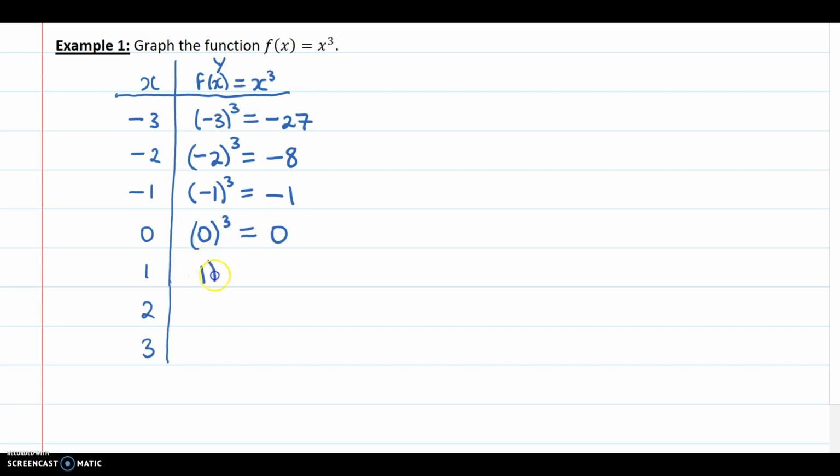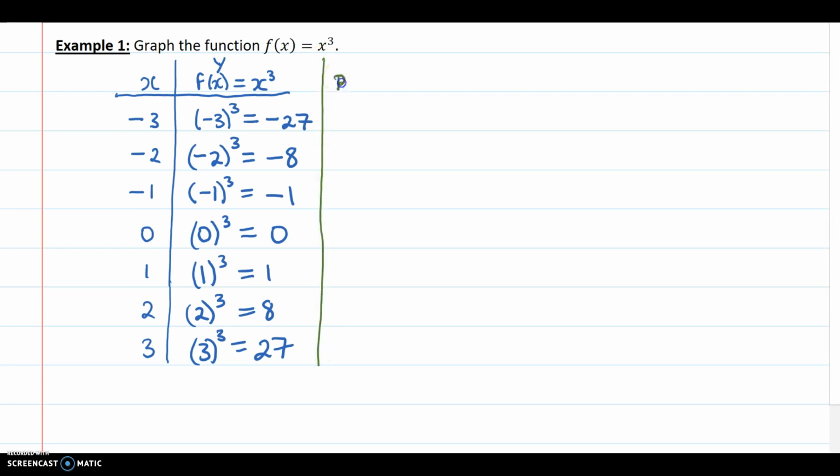1 cubed is just going to be 1 by 1 by 1 is 1. 2 cubed. 2 by 2 by 2 is 8. And 3 cubed is going to be 27. Now, if you want to, you can add a third column and write out the points, turn these into points. And remember, when you're writing points, the x always comes first, so the x and the y.